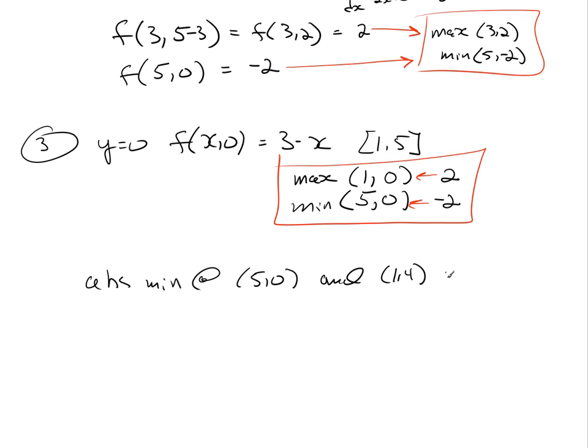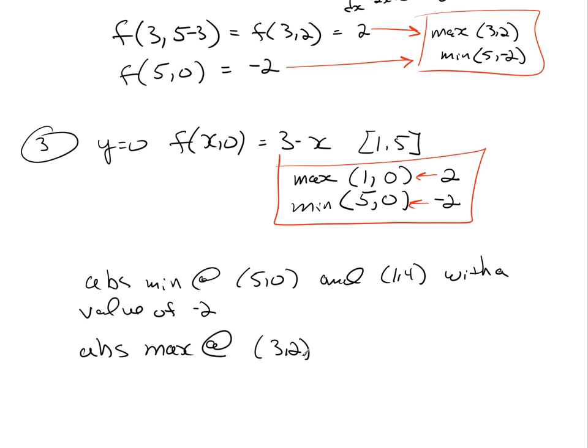That has a value of -2, and we have an absolute max at 3, 2, and it looks like 1, 0, with a value of 2.